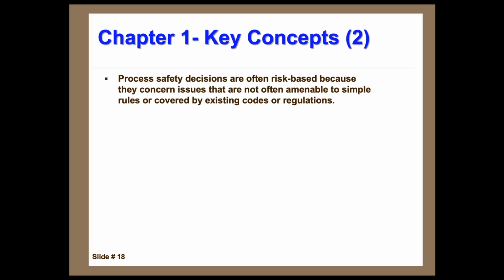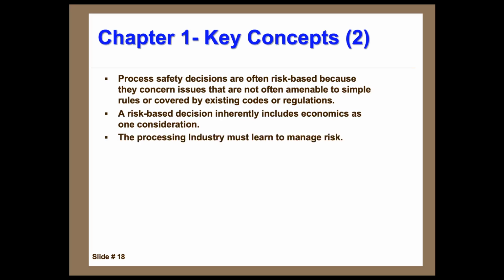Process safety decisions are often risk-based because they concern issues that are not often amenable to simple rules or covered by existing codes or regulations. A risk-based decision inherently includes economics as one consideration. The processing industry must learn to manage risk.